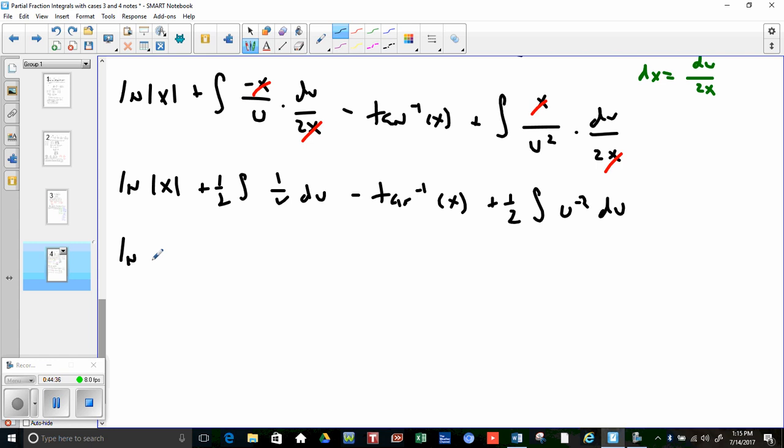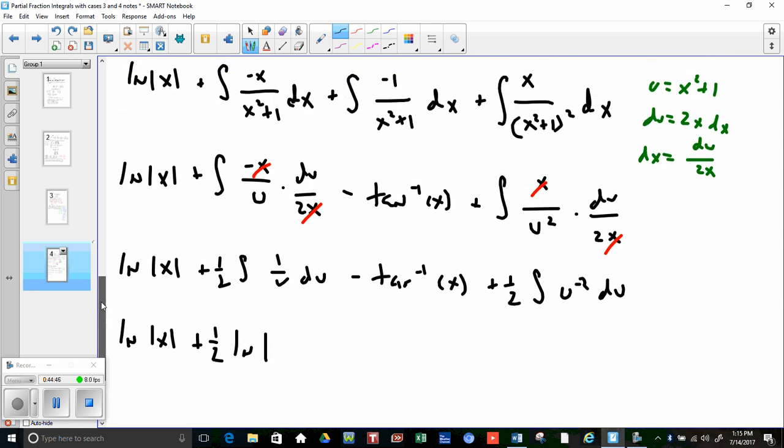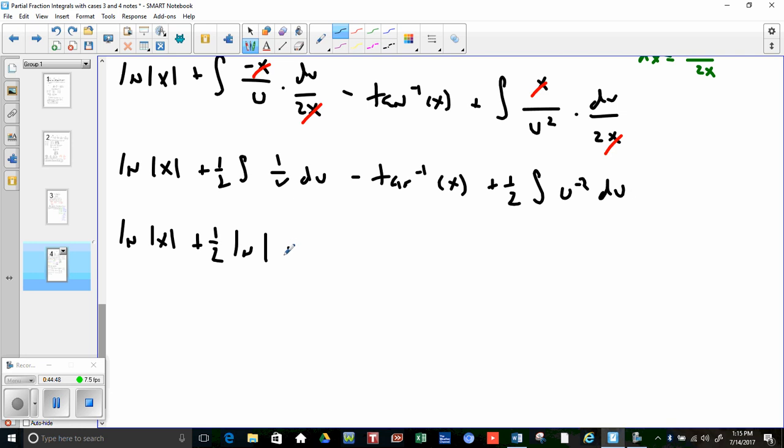Natural log absolute value of x. Antiderivative of this is the natural log absolute value of u, but u was x squared plus 1. Again, because it's x squared plus 1, it's not necessary to have the absolute value, but we'll leave it there. It's not wrong either. Minus inverse tangent of x.